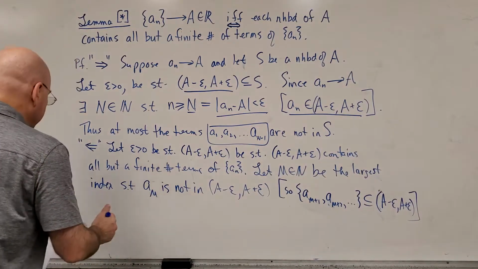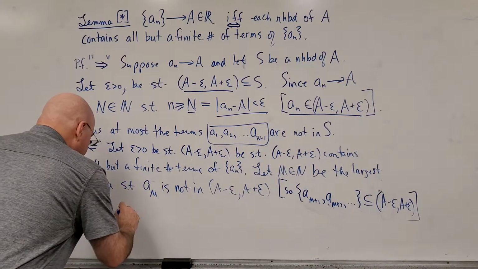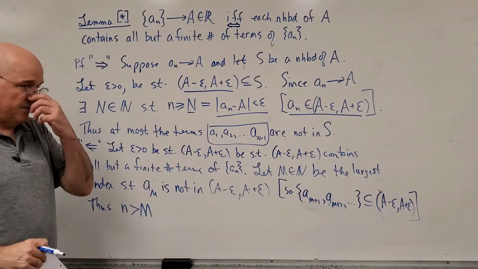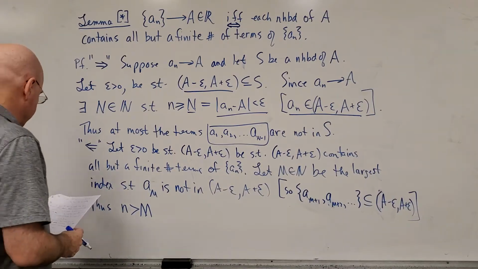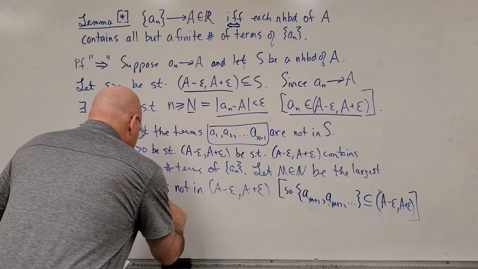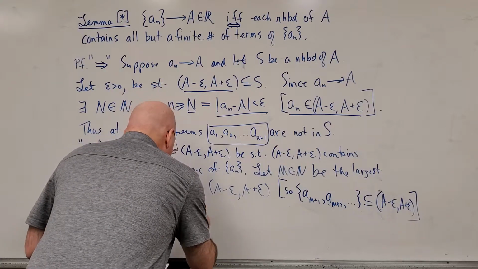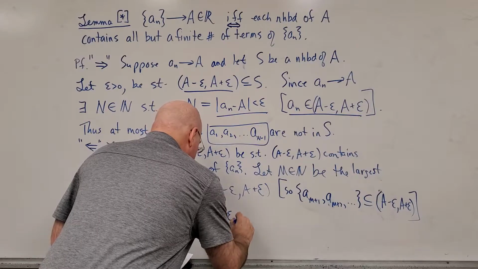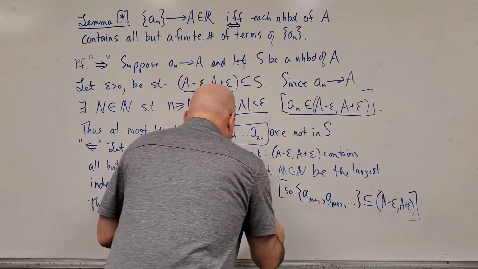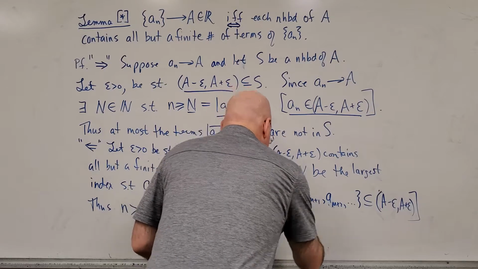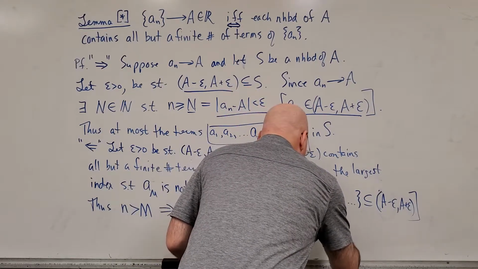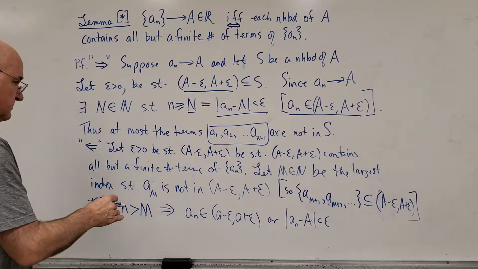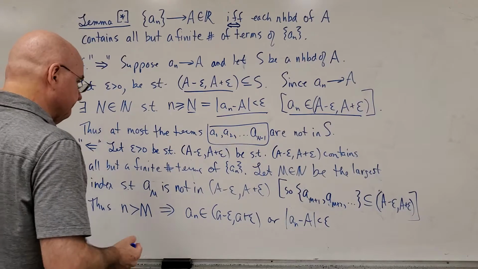So to finish this up, thus, n greater than capital M, or I could have said greater than or equal to M plus 1, implies that a_n is an element of a minus epsilon to a plus epsilon, or in other words, |a_n minus a| is less than epsilon, and that completes the proof.